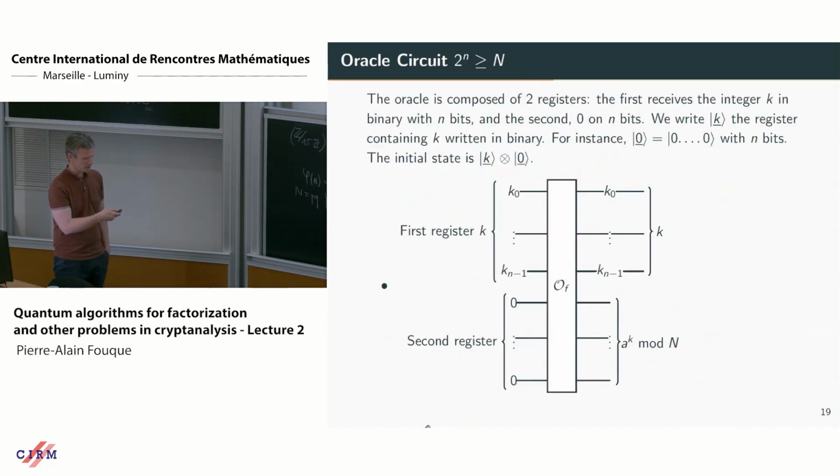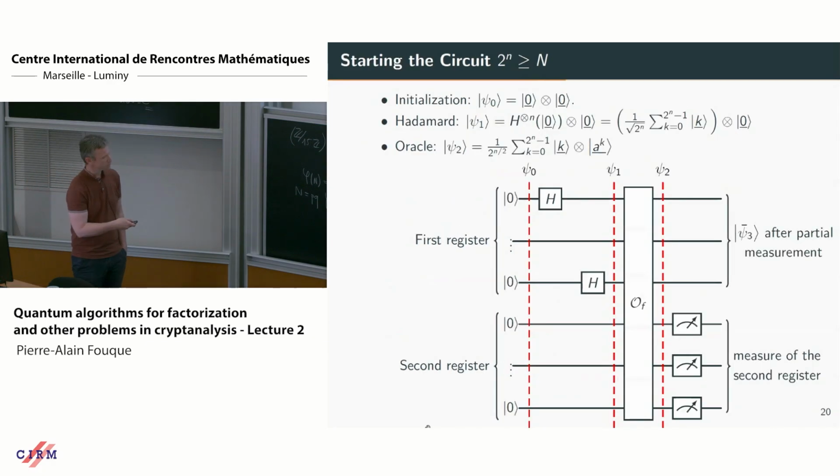It works as we did this morning. Here we just remind, with the first register, all the elements, the bit decomposition of the element k, and this is the identity there. For the second register, we begin with 0 for each of the n lines, and at some point we will have the bit decomposition of the output a to the k mod n.